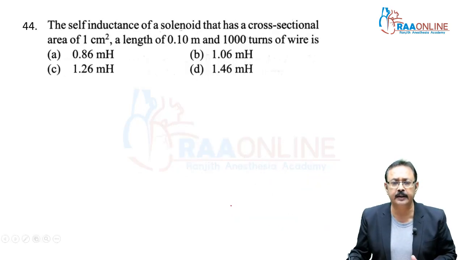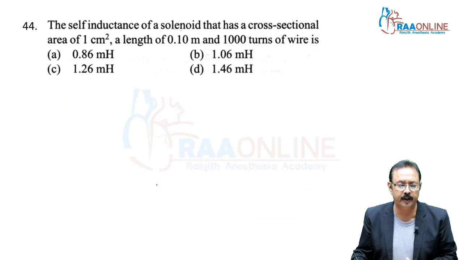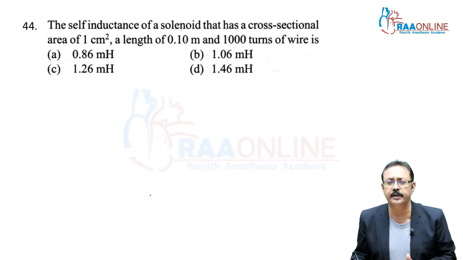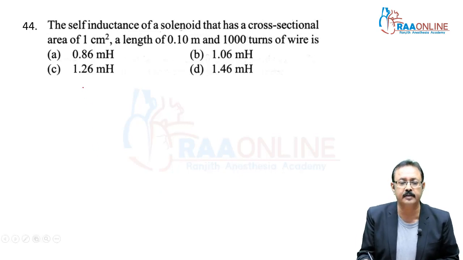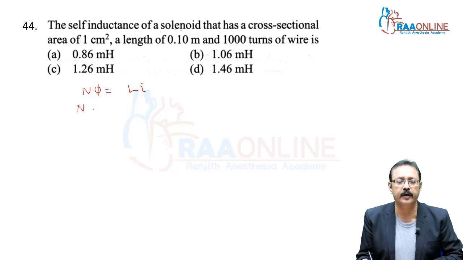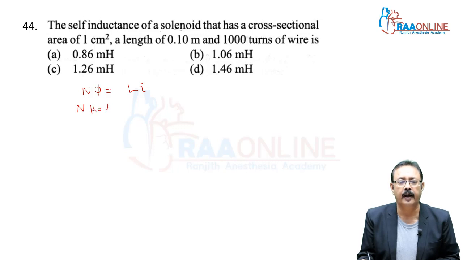Next, self-inductance of a solenoid that has a cross-sectional area, length 0.10 meter, 1000 turns of wire. We want to calculate it. The basic formula was N phi equals Li. Phi for a solenoid is mu naught times N, number of turns per unit length, into I, equals Li.